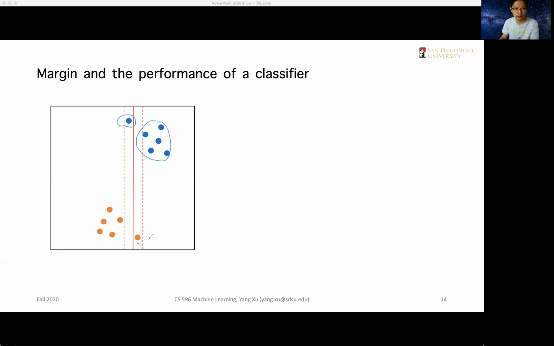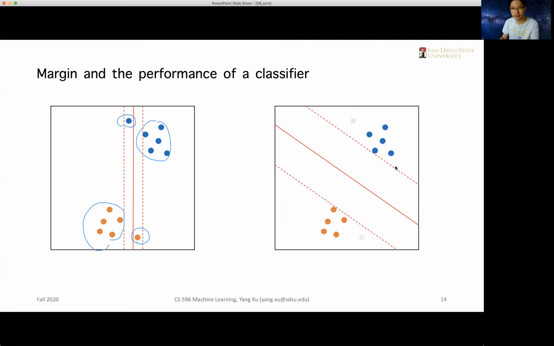And this one is also closer to the yellow cluster, but it is also misclassified. So in this case, if we draw a margin like this, then these two new data points will be correctly classified. That's basically why we want large margins.